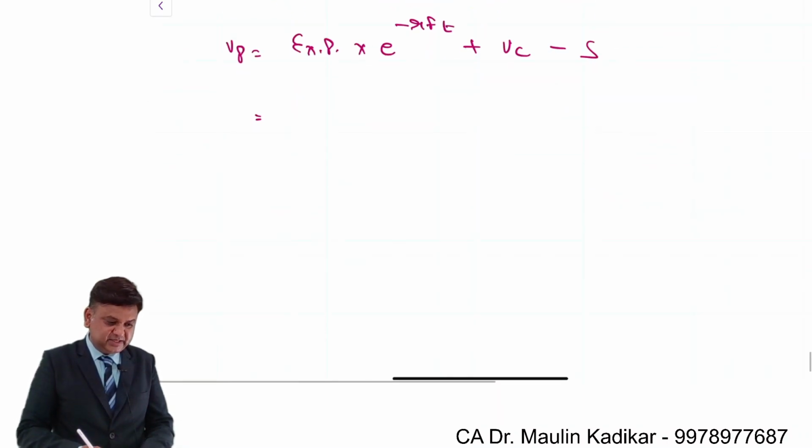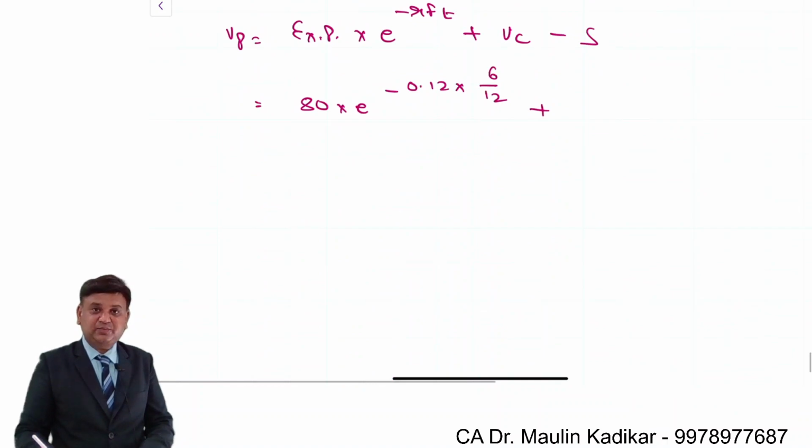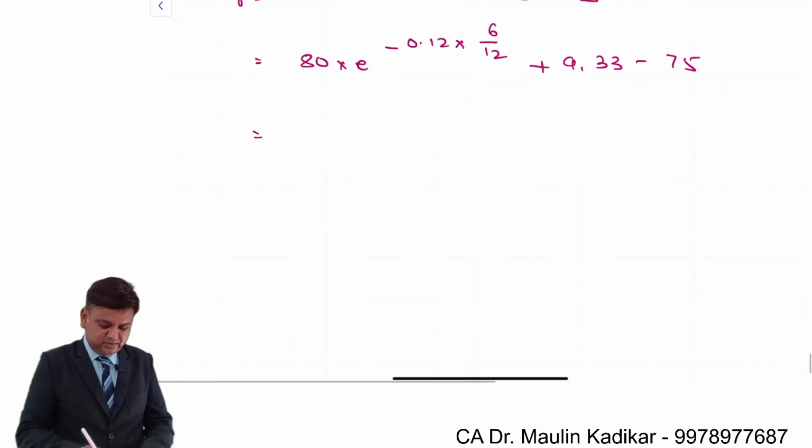Exercise price is 80 into e raised to negative RF, that is 0.12, into T time period is 6 divided by 12, plus value of call is 9 rupee 33 paise minus 75.